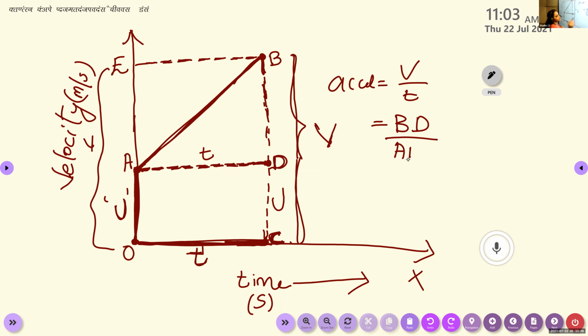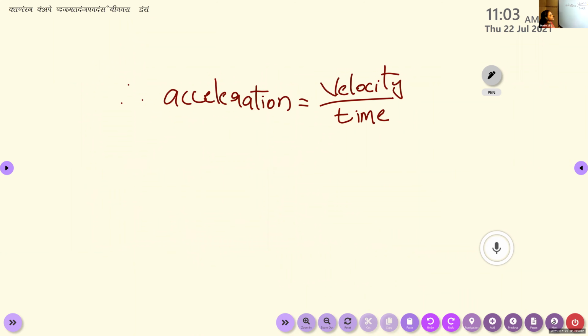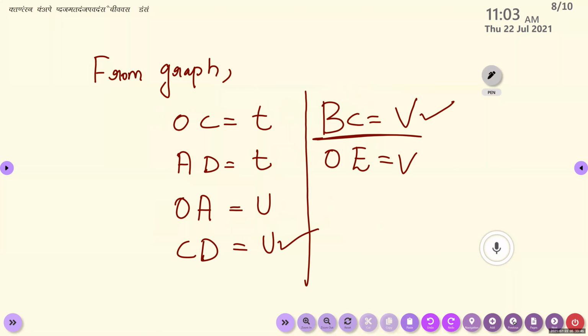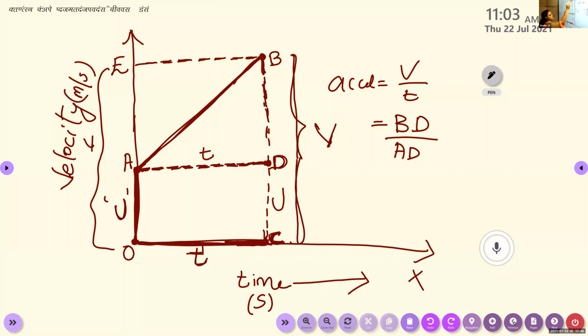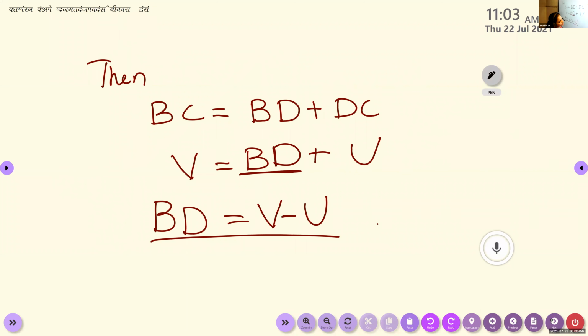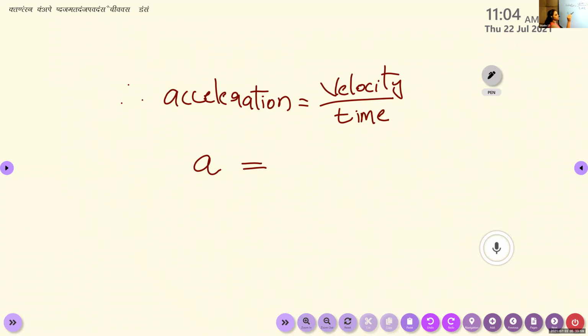The portion AD represents the time. So from the graph, acceleration A is equal to velocity, represented by BD, divided by time, represented by AD.